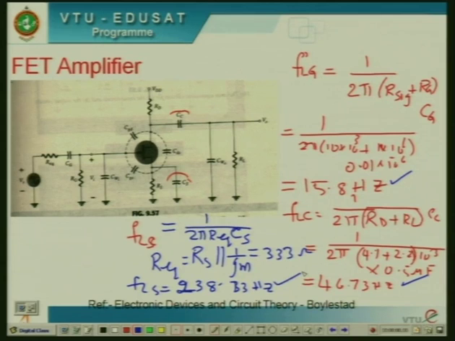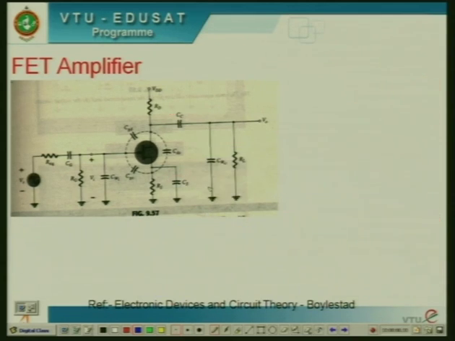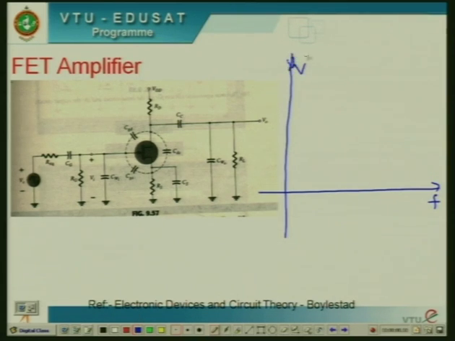Can you guess? If you plot the frequency response of this amplifier due to the various components, this is the frequency axis and this is your gain, the AV magnitude. This is the mid band frequency.